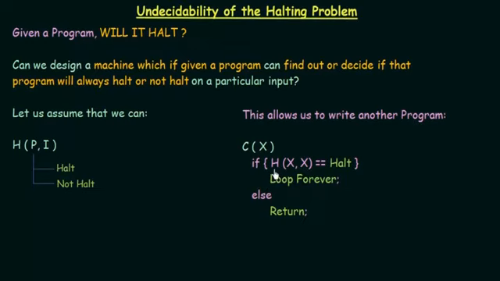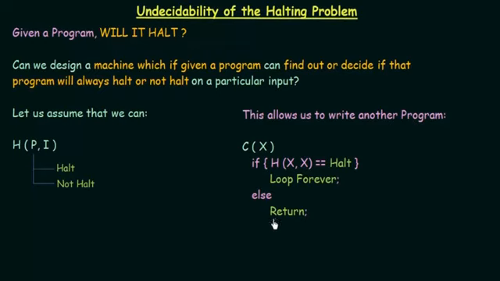Else, if H gives the output not halt, meaning that if I pass X, X to H and it says that it does not halt, then I will return, and return is something that will actually halt.